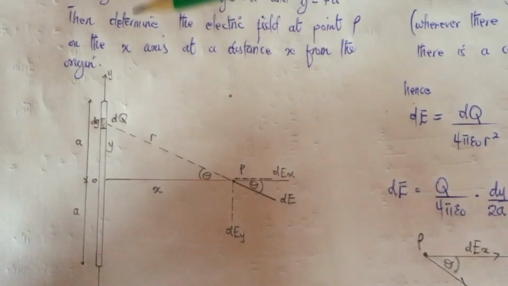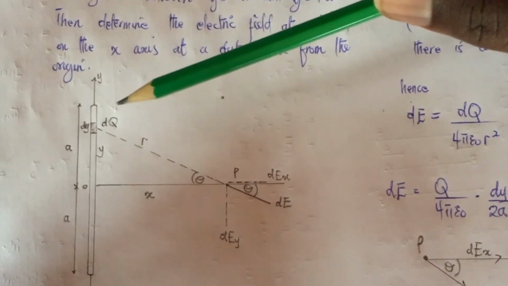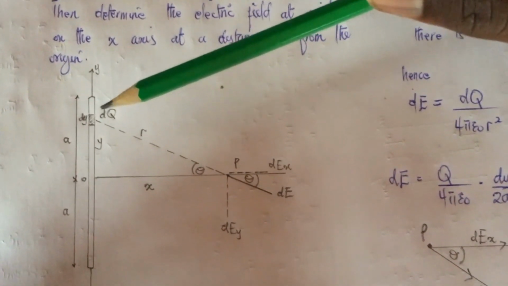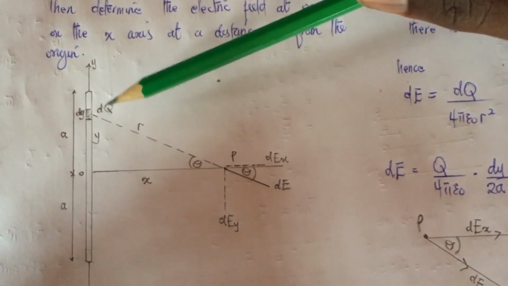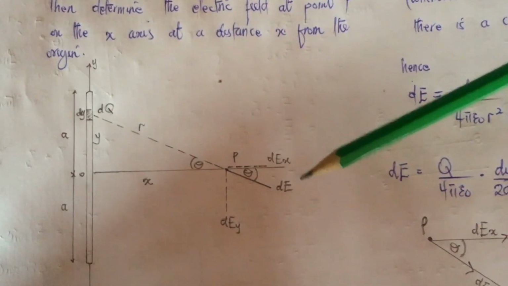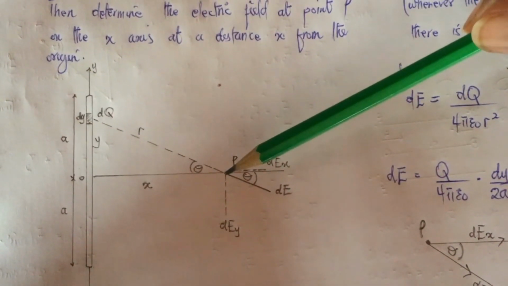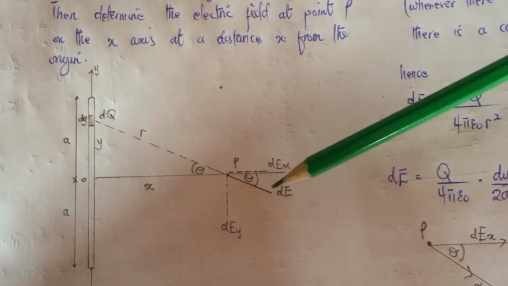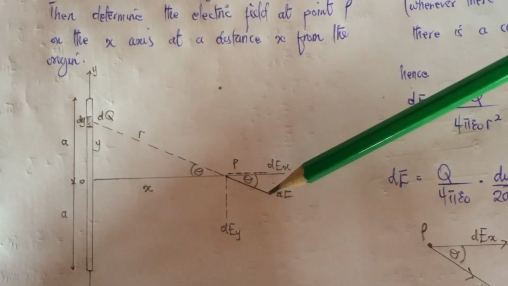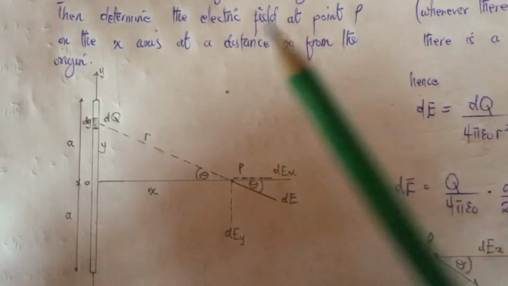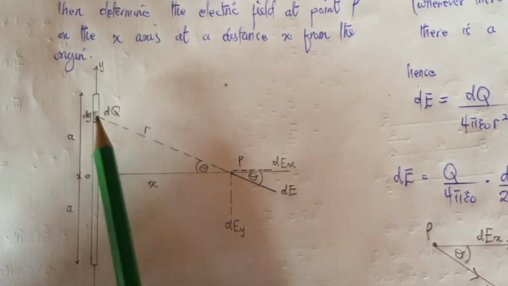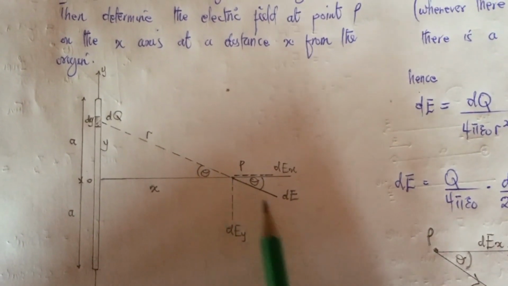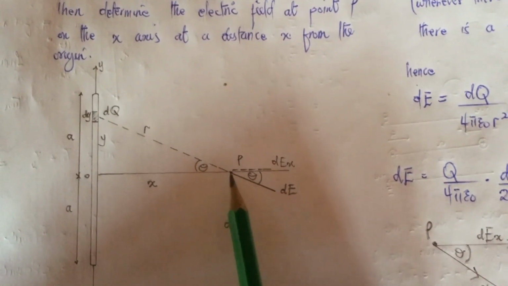Now they are saying suppose there's a small change in the charge, dq. Always keep in mind, the moment there's a small change in the charge, there's a corresponding change in the electric field at point P. Here, this is our charge, dq, and it is opposing a field here.